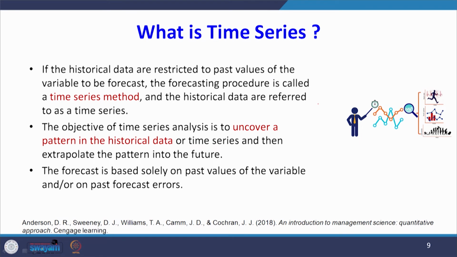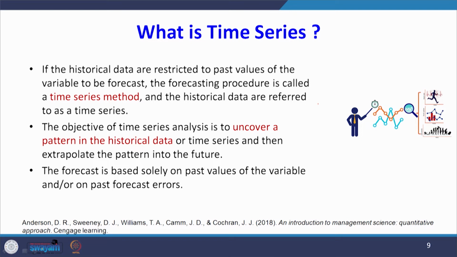What is a time series? If the historical data are restricted to past values of the variable to be forecast, the forecasting procedure is called a time series method and the historical data are referred to as the time series. If the data changes over a period of time, then that type of data is called time series data.